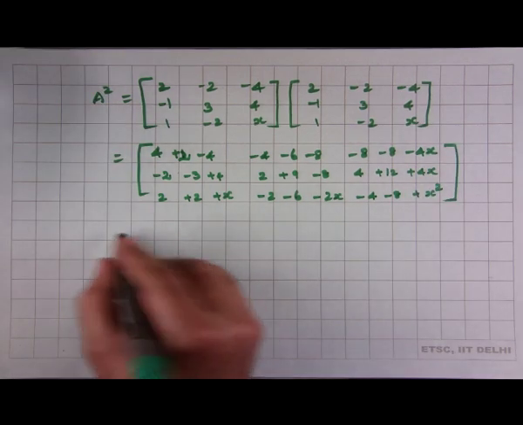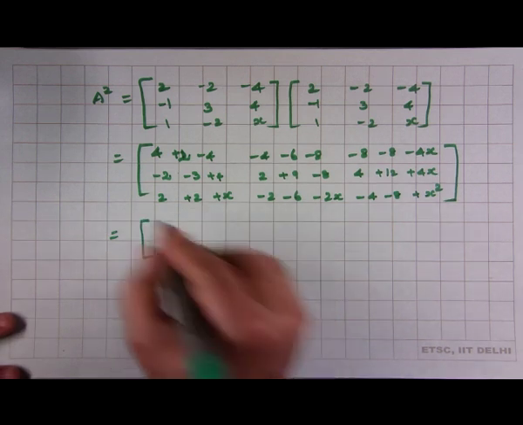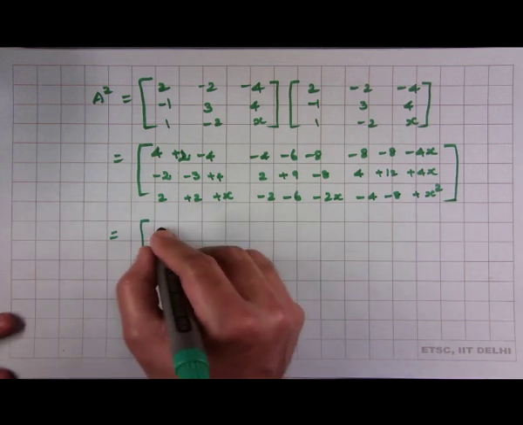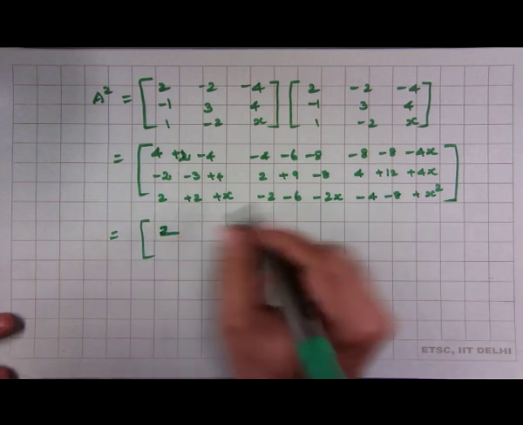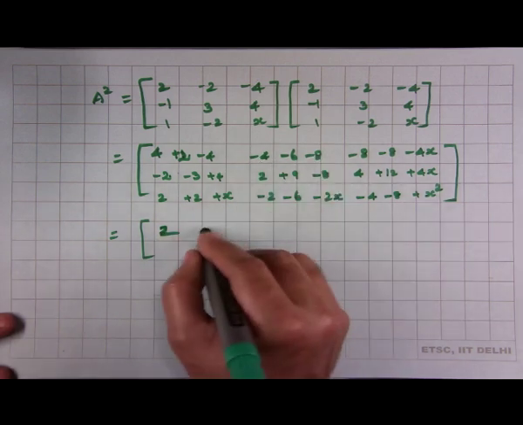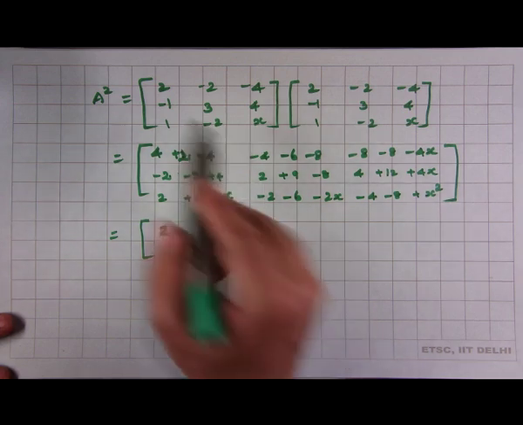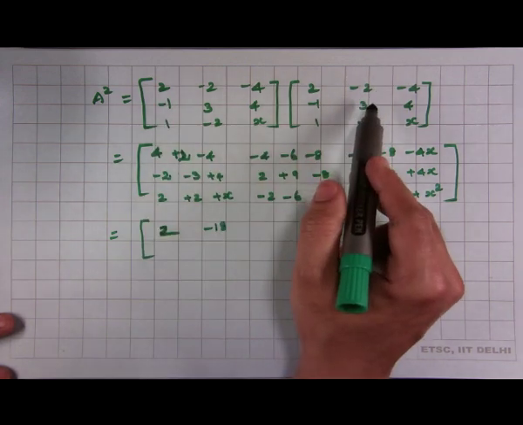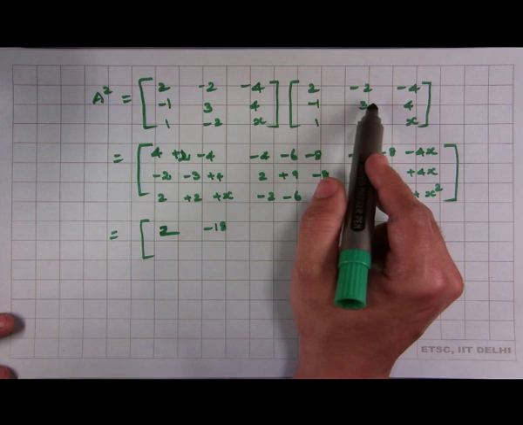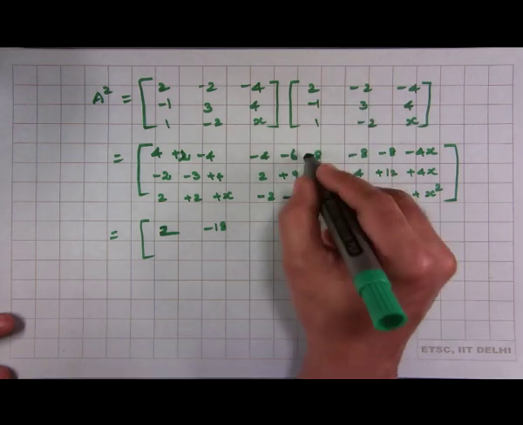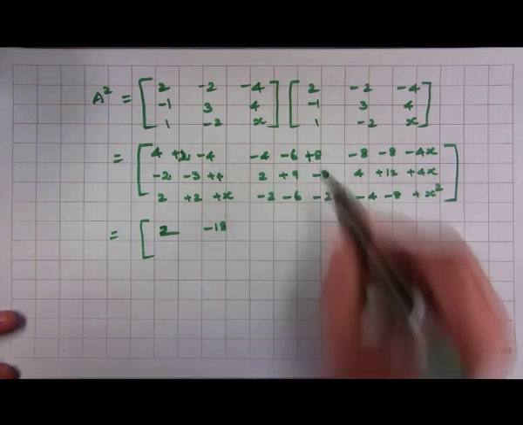which is equal to 2, minus 18, minus 4 minus 6 plus 8, right. There should be plus 8.